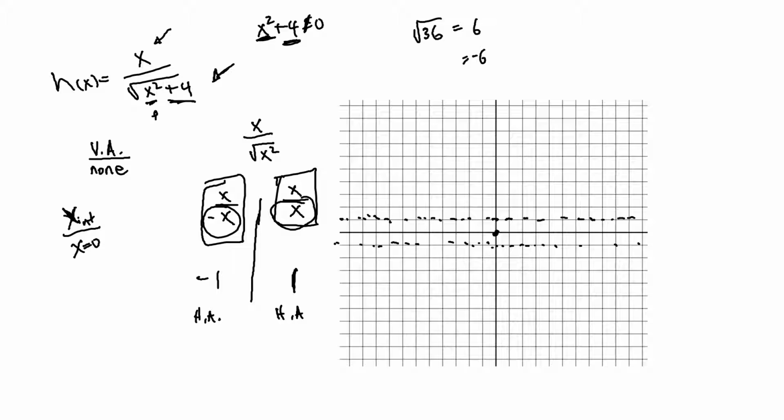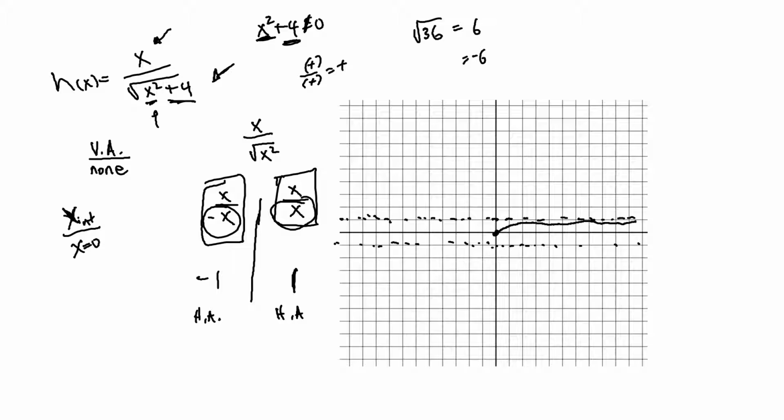We know that for our function values, if I put in a positive number here, this is always going to be positive because I'm squaring it. So I'm going to end up with a positive number divided by a positive number, which is positive. So on the right-hand side of the graph, we're only going to have positive values, so we're going to get closer to that top asymptote.